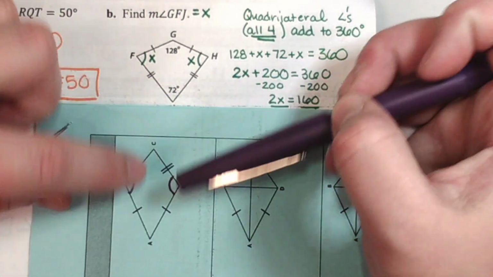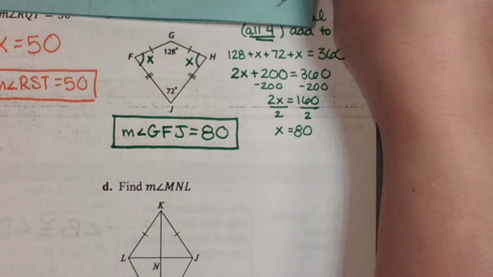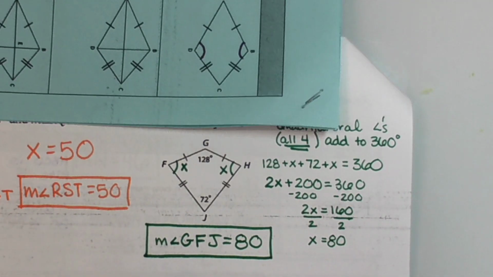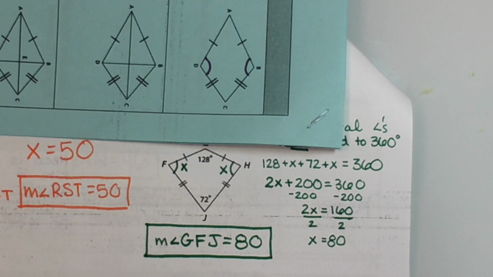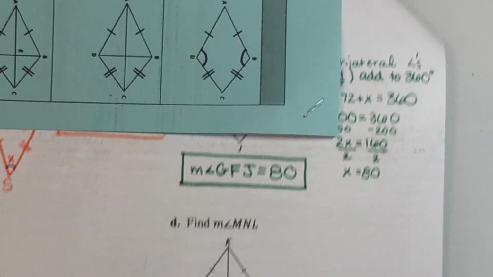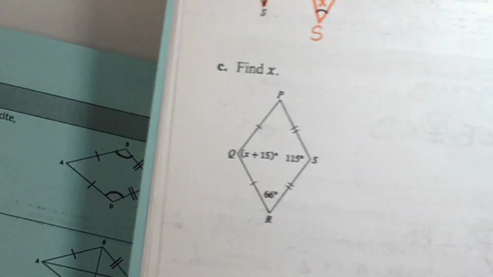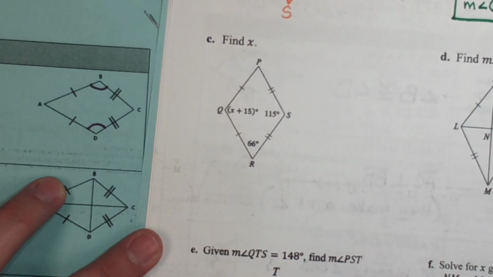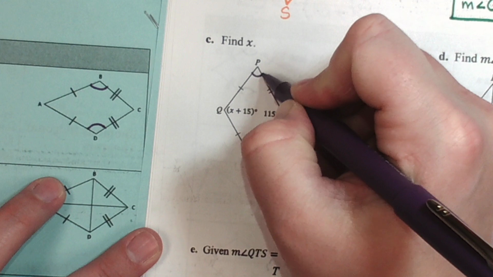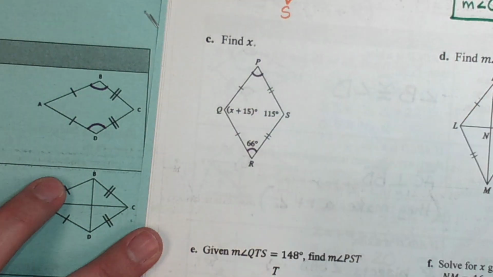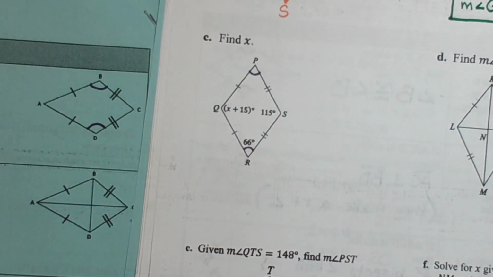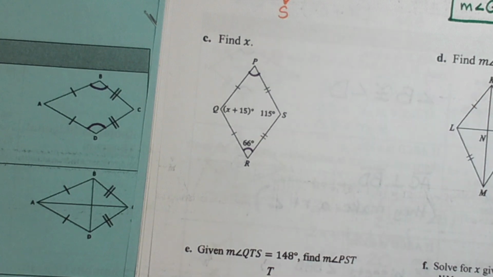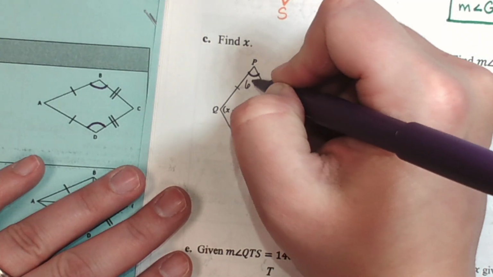Or if you prefer to match it where it's single and double congruence, you can. You don't have to. Either way, that's why these two are the congruent ones. When I line up this one, it lines up this way, which means my congruent ones are P and R. Angle R is 66 degrees. Angle P is, as a result, 66 degrees.